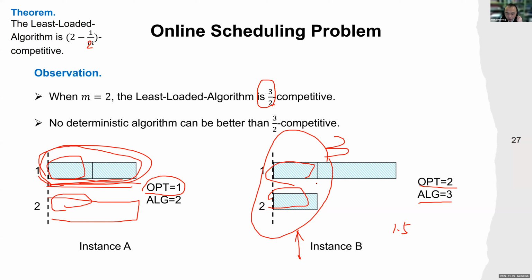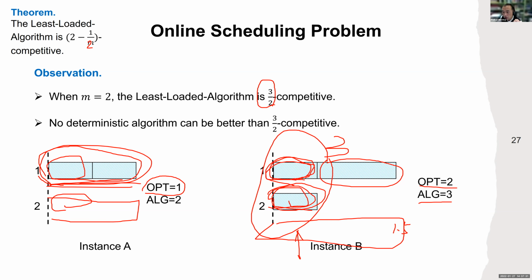And if you allocate them evenly to 2 machines, I will let you regret your decision because I give you a big job, which should be allocated to 1 machine exclusively, putting the 2 small jobs together on the other machine. So basically, the action the adversary does will make the algorithm regret what it has decided earlier. All right.